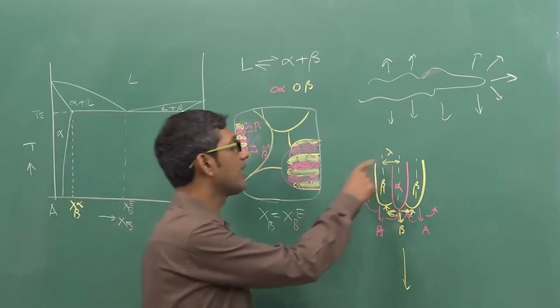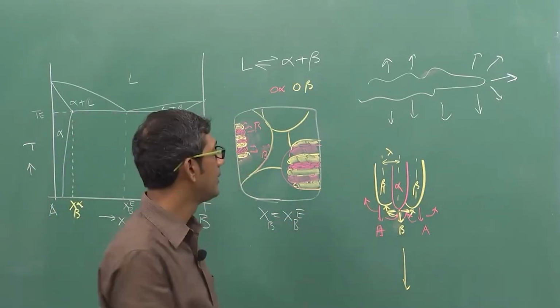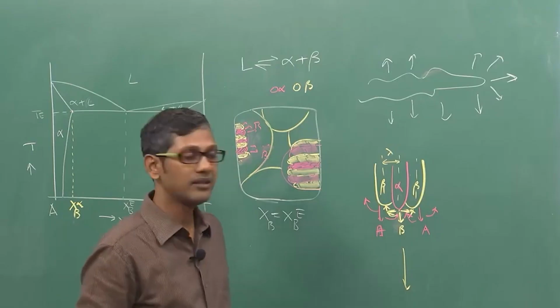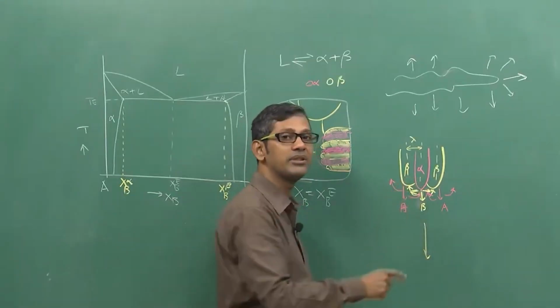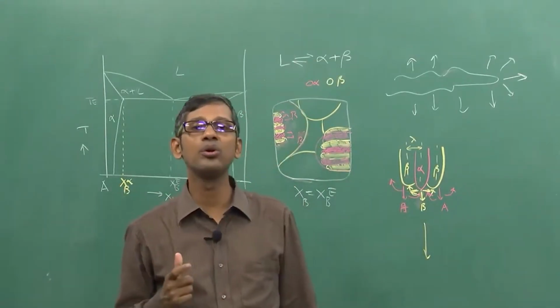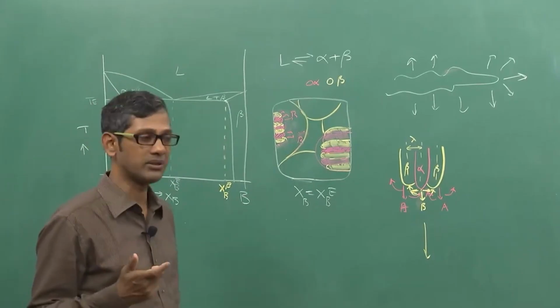So this is like a cooperative phenomenon. They both are dependent on each other. The growth of alpha is interlinked with the growth of beta. They cannot grow separately, it is impossible.